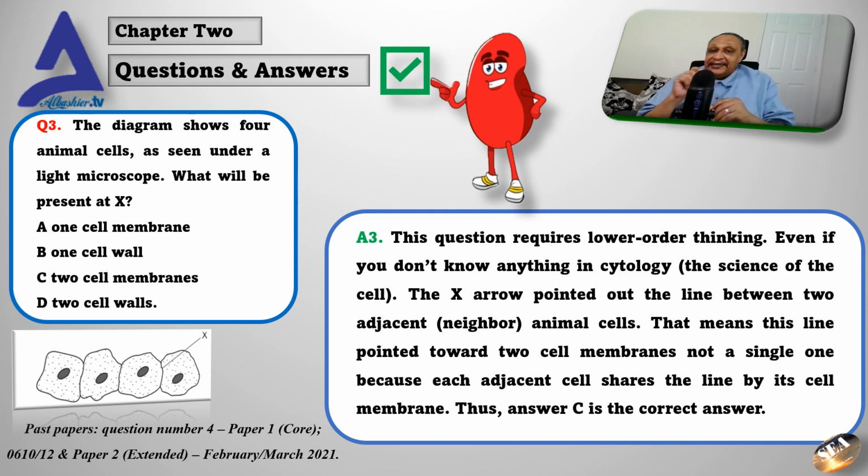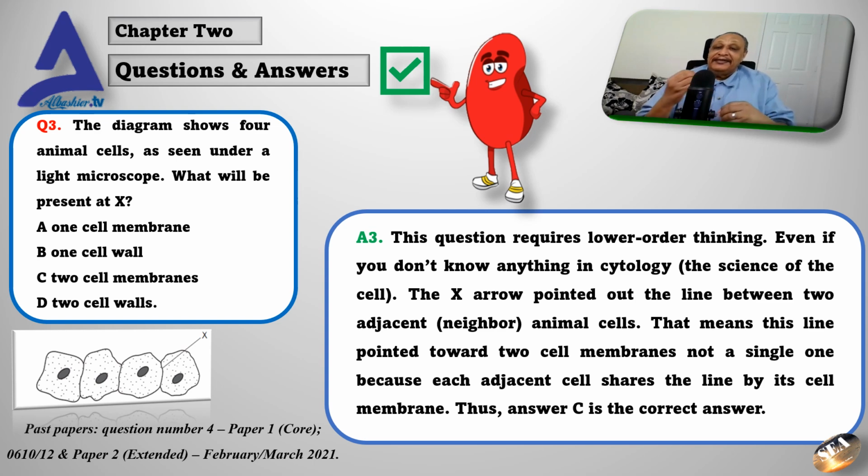That means this line points toward 2 cell membranes, not a single one, because each adjacent cell shares the line by its cell membrane.